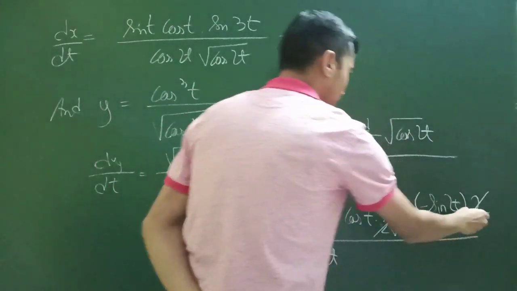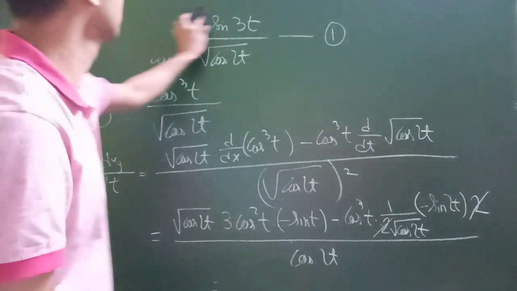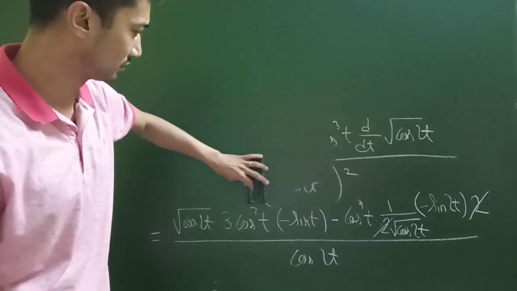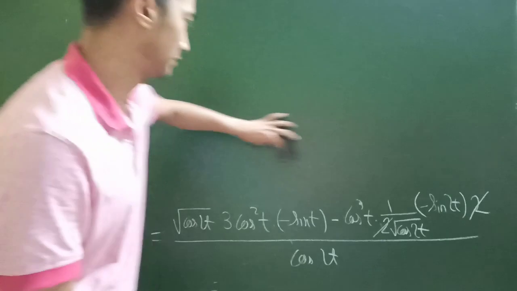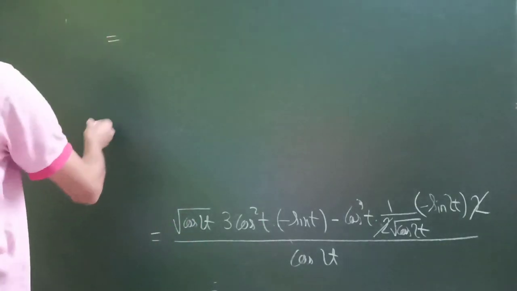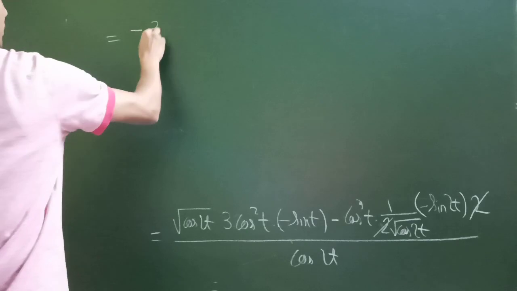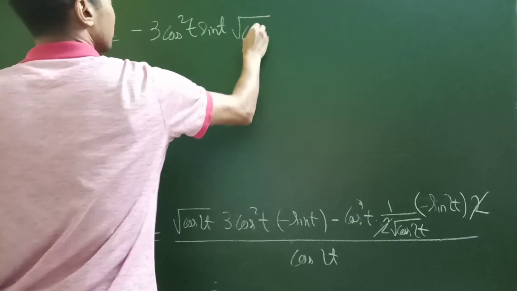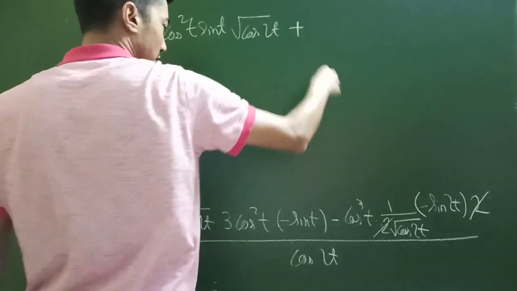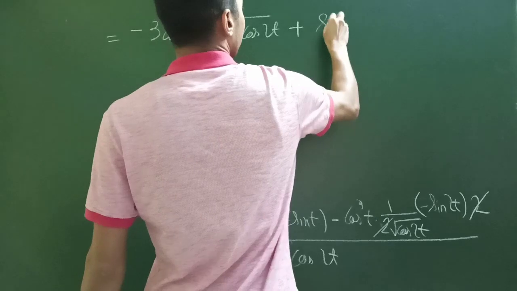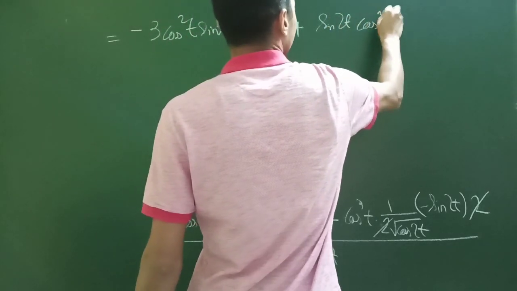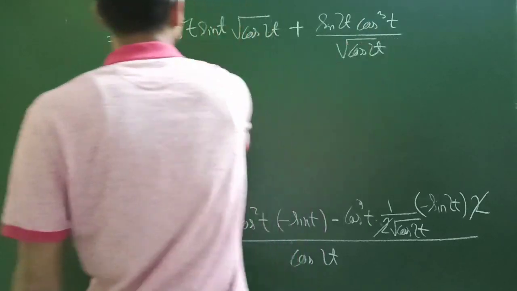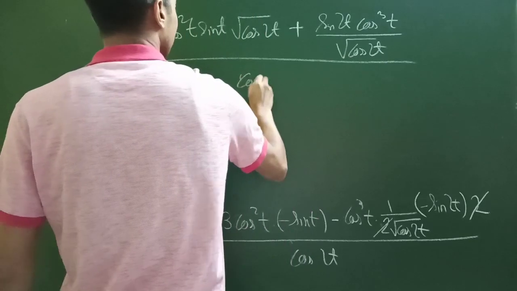So 2 we can remove. So that's going to give me minus 3 cos squared t sin t root of cos 2t, minus into minus plus again sin 2t cos cube t, all divided by root over of cos 2t upon cos 2t.